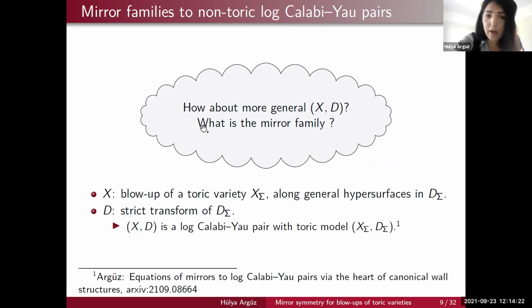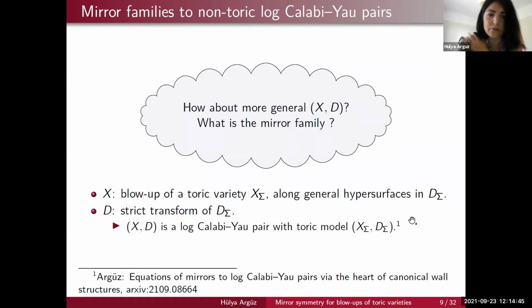We understand well by now how to construct mirror families for toric Calabi-Yau pairs. But how about if I take, for instance, the blow-up of a toric variety along general hypersurfaces, and I don't assume these hypersurfaces are toric hypersurfaces? I do non-toric blow-ups.